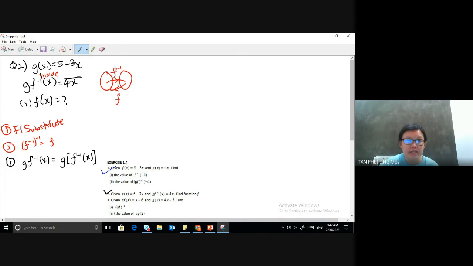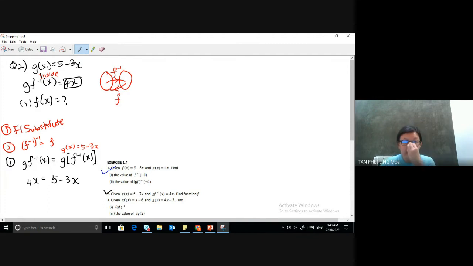It is 4x. So I'll make use of this 4x here first, equals to gf inverse. So what is my g? Let's recall, if I have gx, then it will be 5 minus 3x. So I'll write it here first. 5 minus 3x. Is it correct? I write like that.